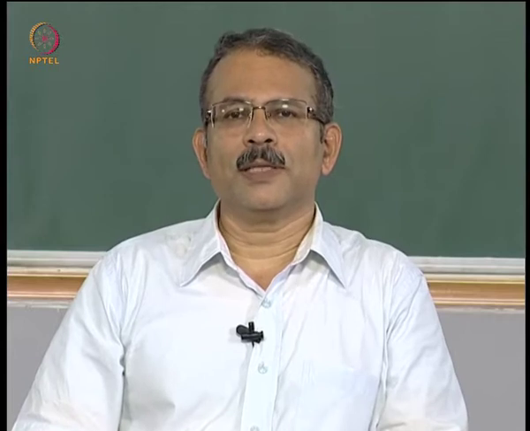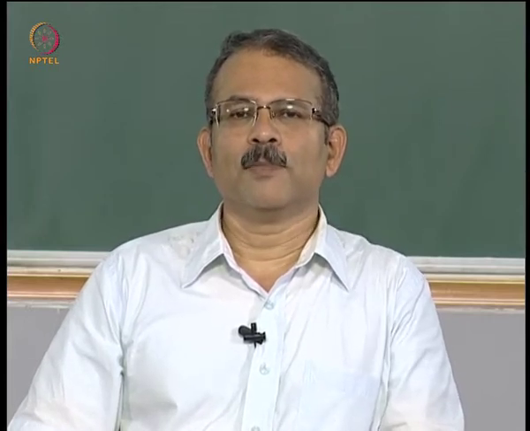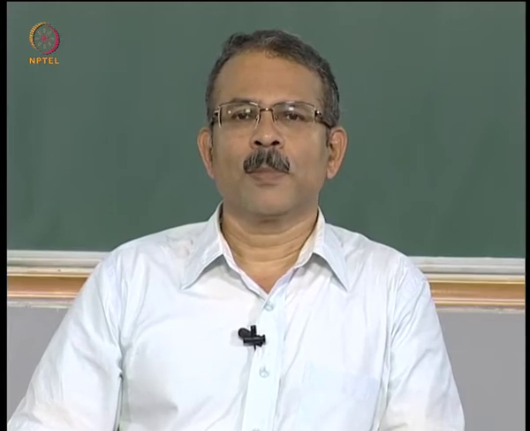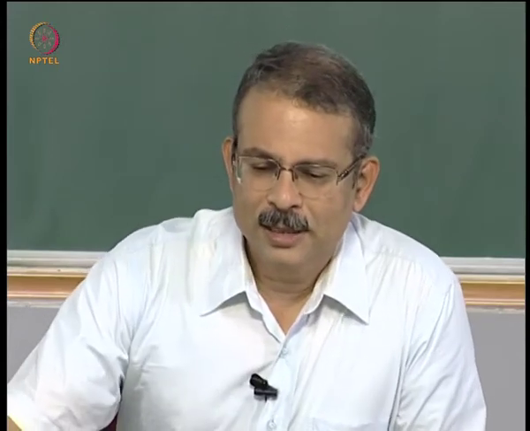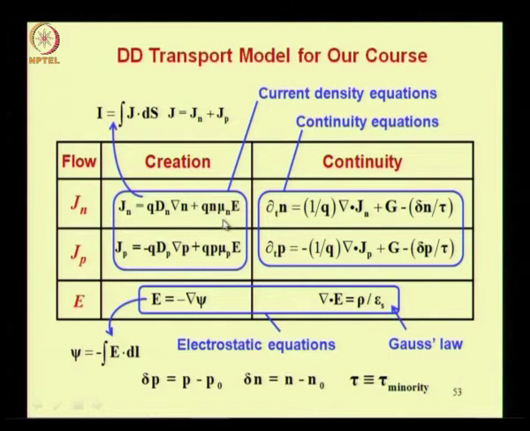Now let us proceed further, and in this lecture we will consider the models for the mobility, which is one of the most important parameters of this drift diffusion model. So mobility of electrons and mobility of holes.